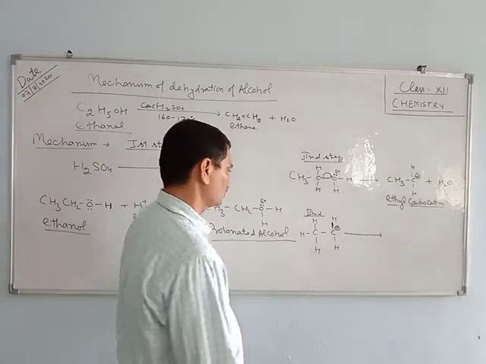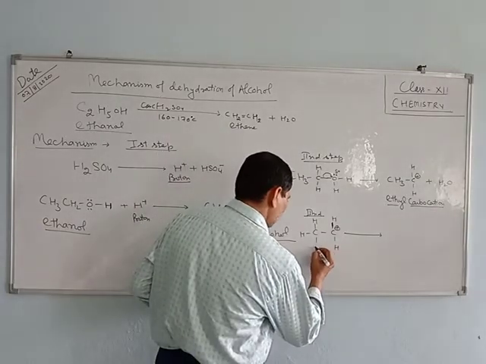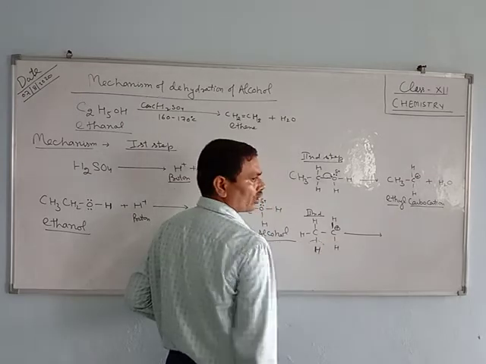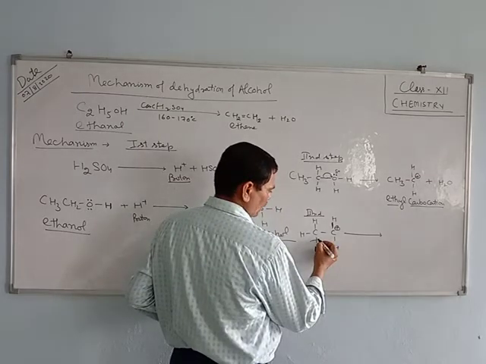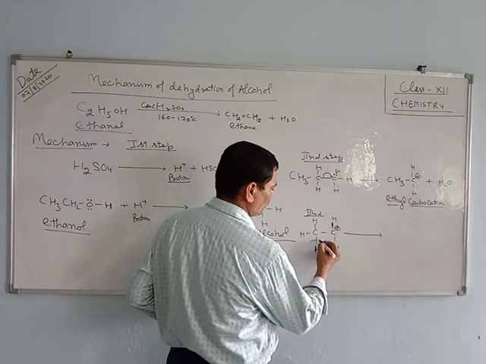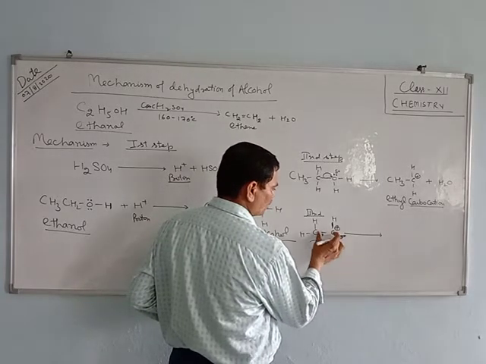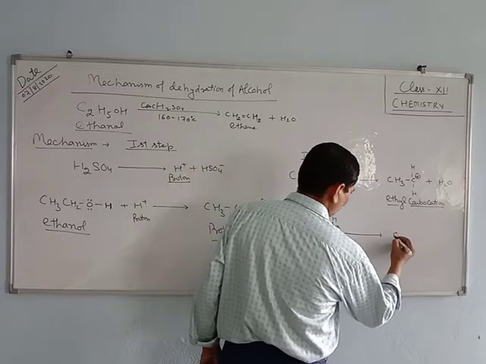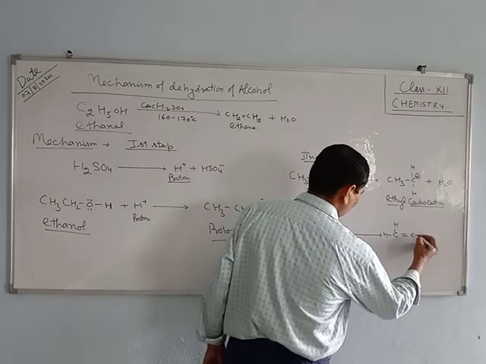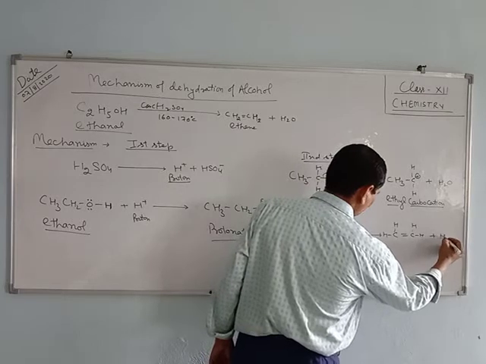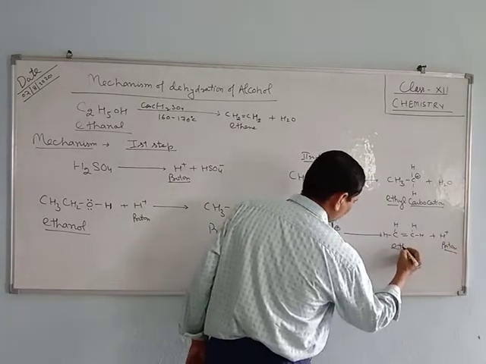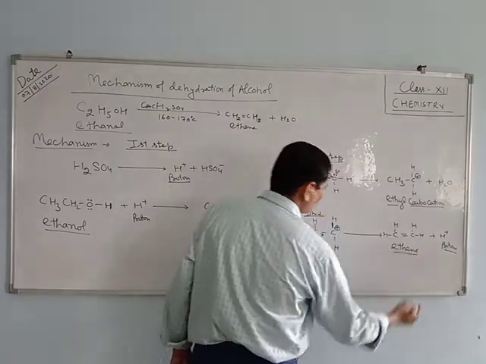Now what will take place? This carbon hydrogen bond is broken, and the electrons which are liberated by the breaking of this bond are shared by these two carbon atoms. CH2 double bond CH2. The proton is again available for the reaction. This is how ethene is obtained.